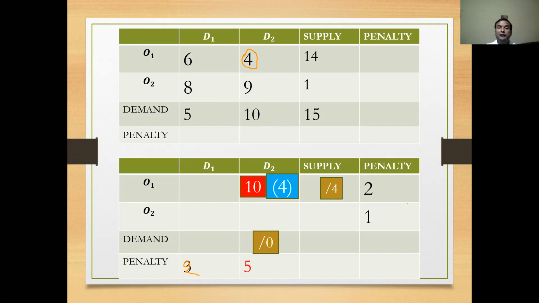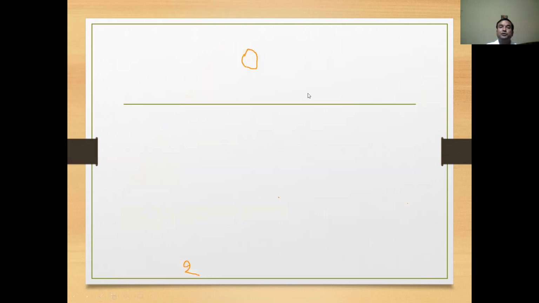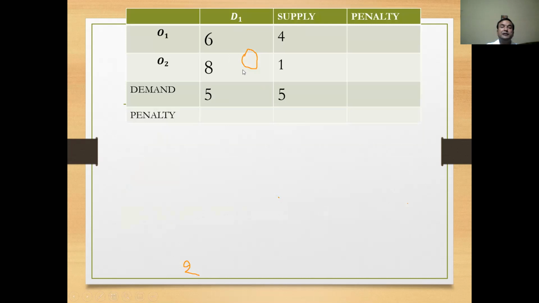No one else has become empty. So let us proceed to the next step. We see destination 1 and origin 1 and origin 2 are there. Since there is only one item available, we need not find the penalties.